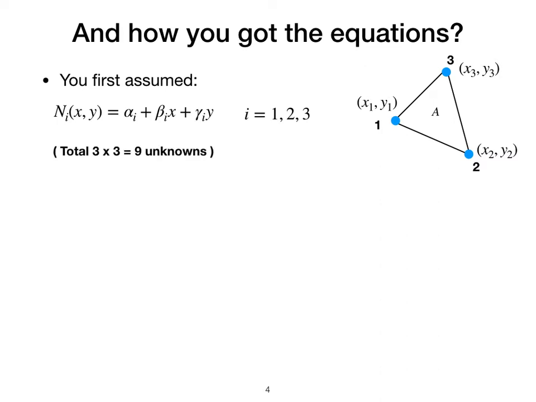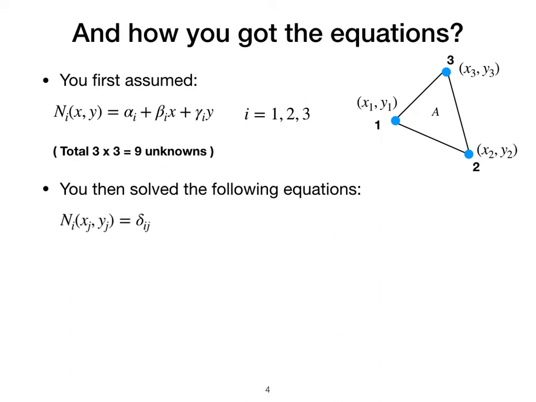Thus there are 3 by 3 equals 9 unknowns. And you then solve the following equations.